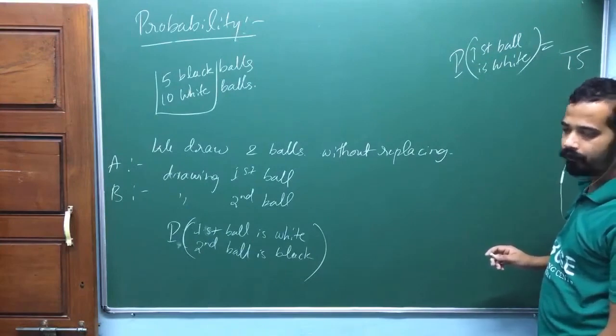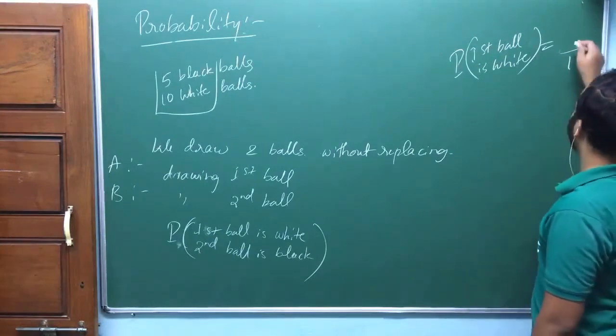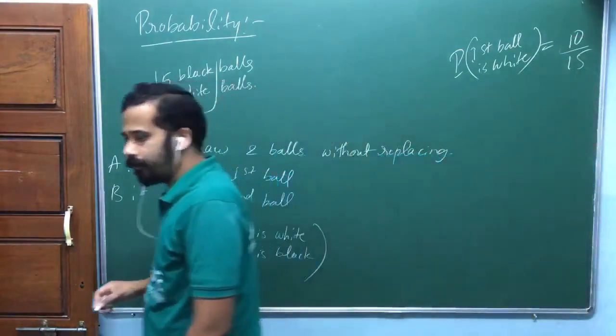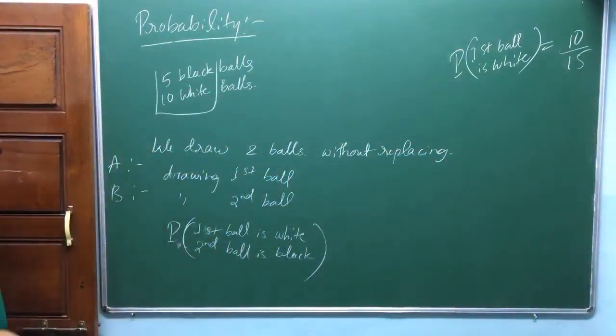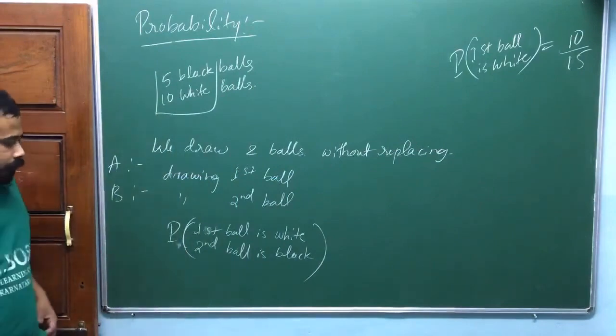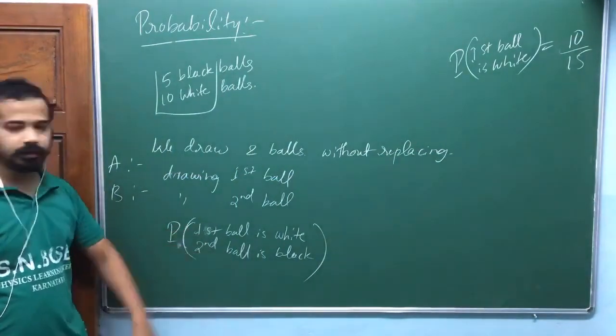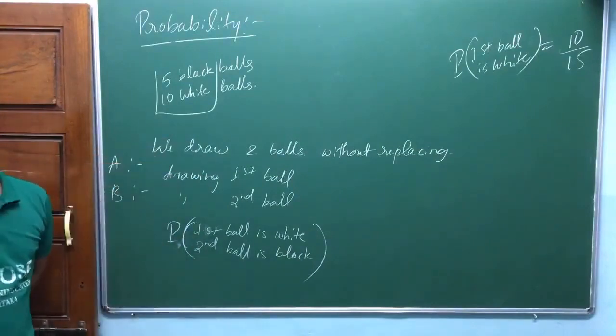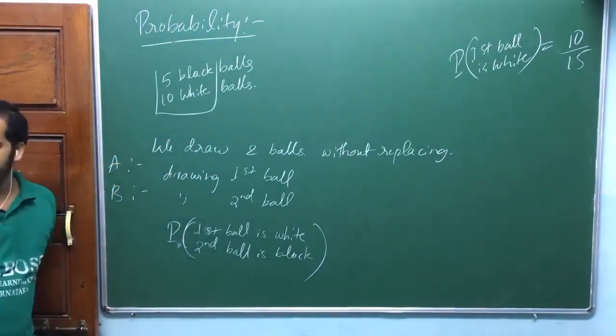Number of events which are favorable to a white ball: 10. You have two events, drawing the first ball and drawing the second ball, okay? Probability that the first ball is white, second ball is black, isn't it? Then the probability that the first ball is white is 10 by 15.